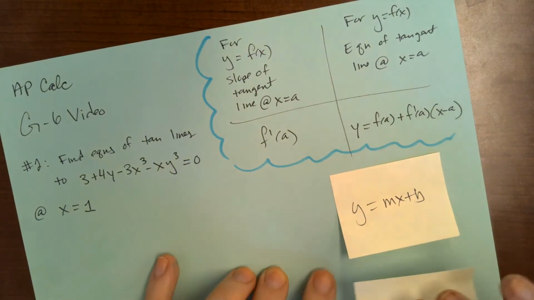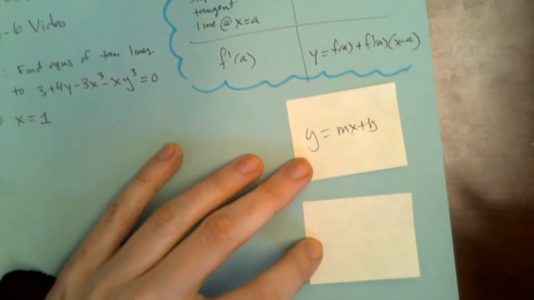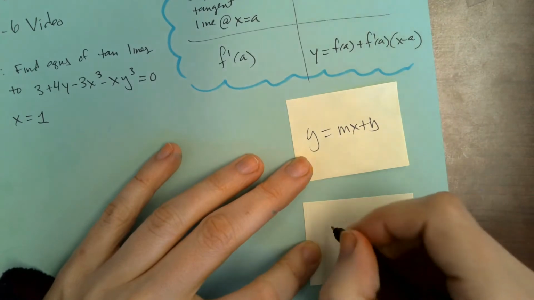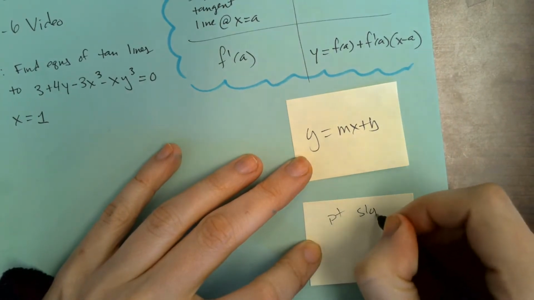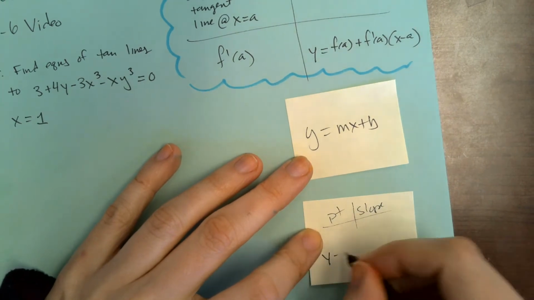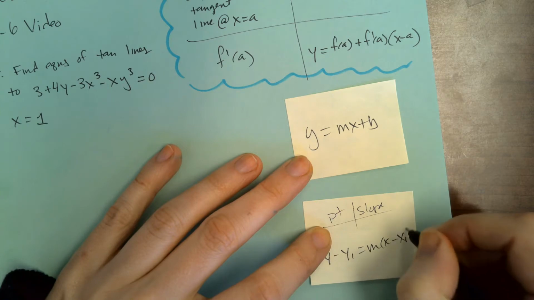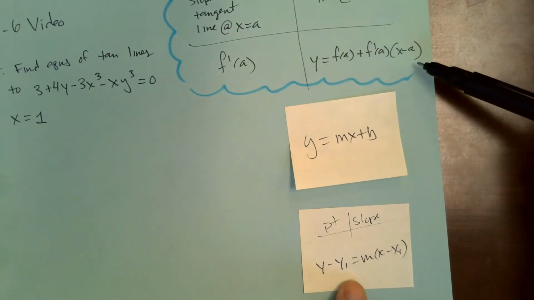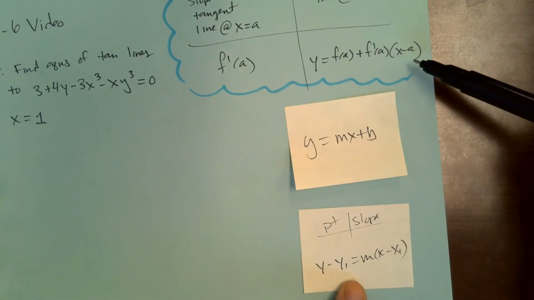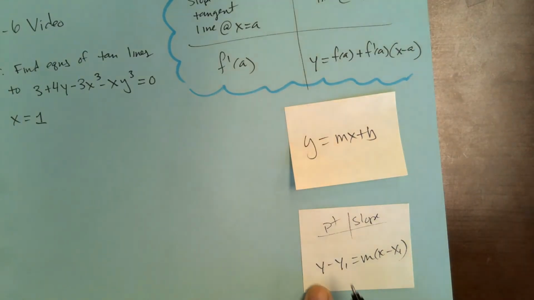And here's a version that's a little more similar to this, and we did it a lot in geometry. We would have point, slope. We'd put a point here, a slope there, and then we go y minus y1 equals m times x minus x1. This calculus formula is really the same as this, but with y1 added over.